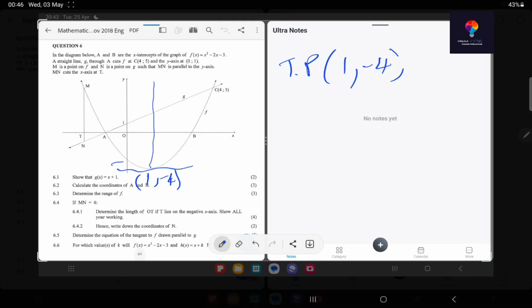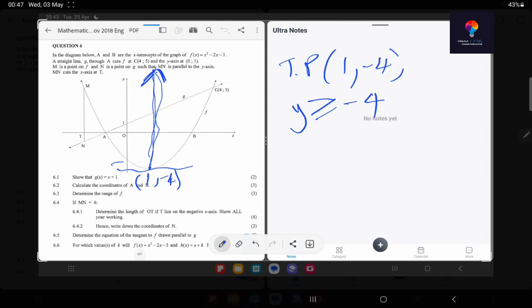So our range, the minimum value, starts from minus 4 up to infinity. So all the values from minus 4 up to infinity will satisfy our graph. So we should therefore say our range, its y is more than or equal to minus 4.